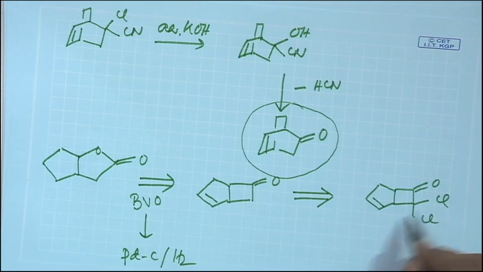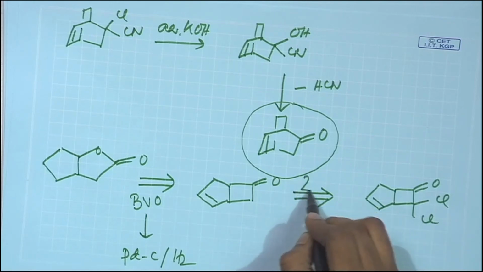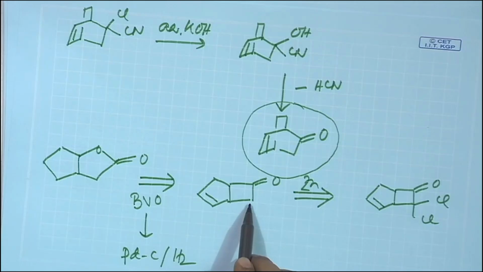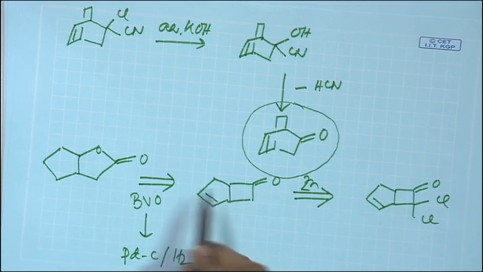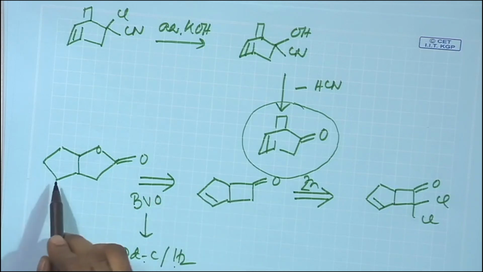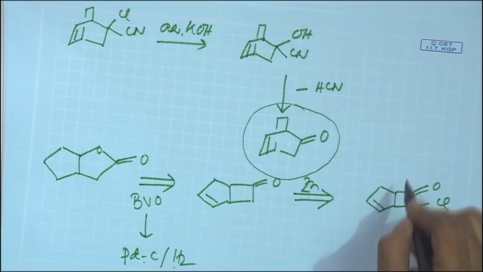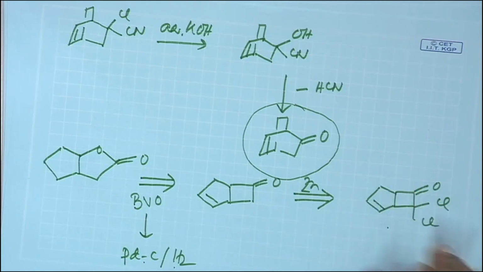Now, it is known that if you subject this alpha,alpha-dichloroketone to metallic zinc, dechlorination occurs to give you this target molecule intermediate, which undergoes Baeyer-Villiger oxidation and a palladium charcoal mediated hydrogenation to give you the target molecule. Now, why have you chosen this as a starting material? We can explain it in the next slide.